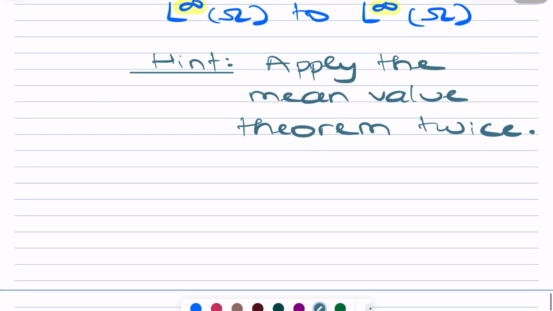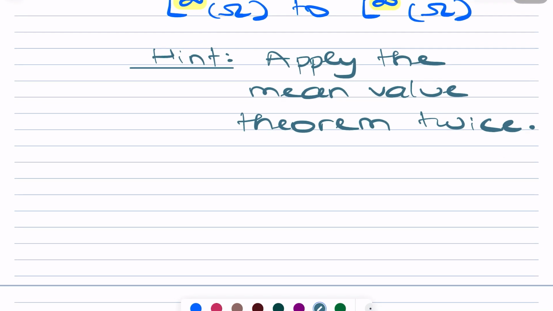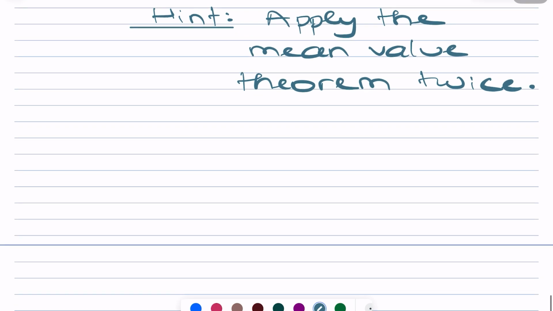Okay, so it is not the case in general that the differentiability of little f implies the differentiability of its associated superposition operator.